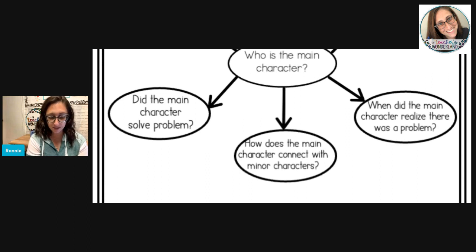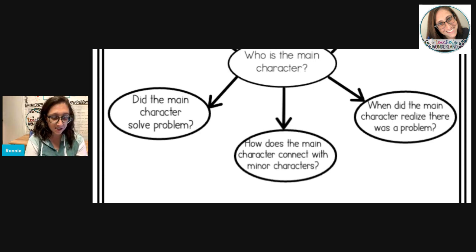So how does Little Red Riding Hood connect with the wolf? Well, that's pretty awesome because she actually does it in a way where she says, oh, you look so lovely with your little hat on, Grandma. And she tries to convince the wolf to let her go.